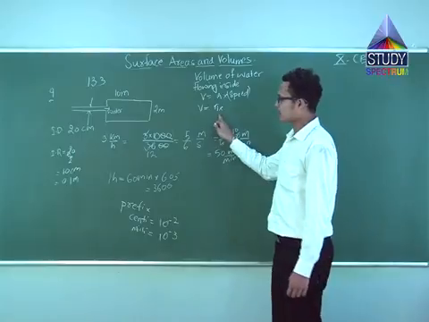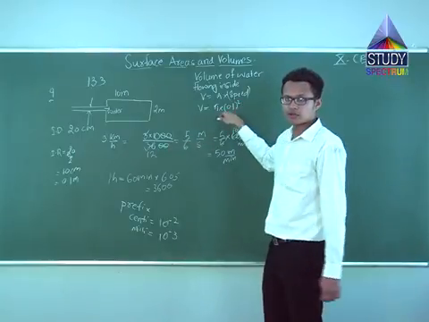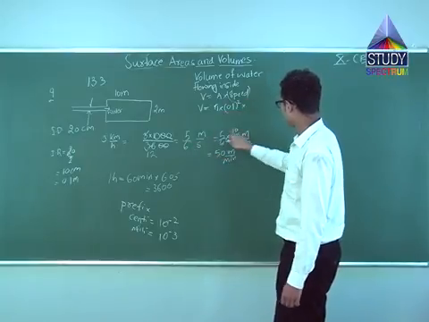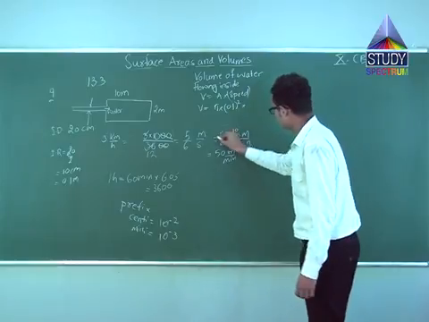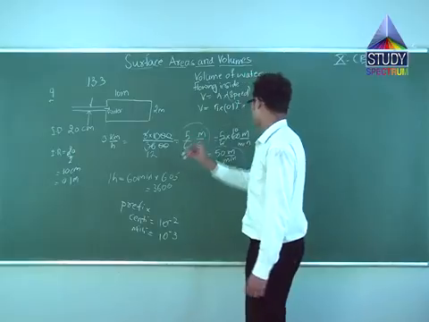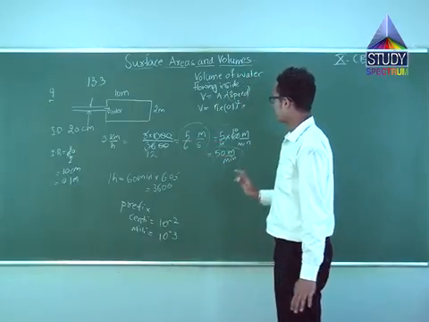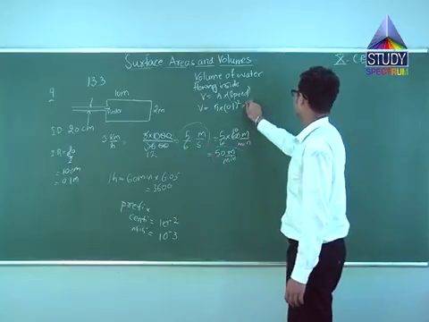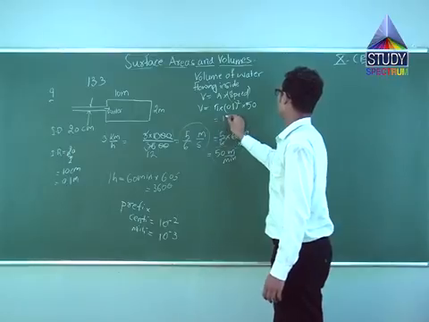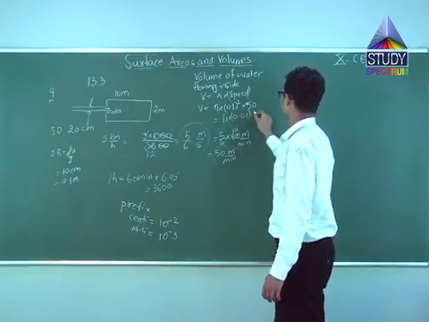So pi into r square, if I square 0.1 whole square, this is going to be 0.01, and the speed is 50. Either you can take 50 meters per minute or you can take 5 by 6 meters per second. Try to avoid fractions. Fractions are headache. So take 50. So this is equal to pi into 0.01 into 50.